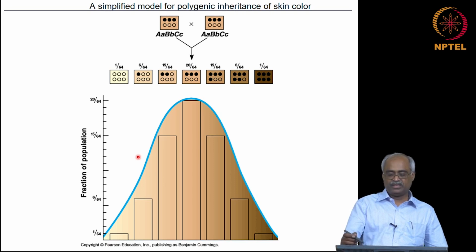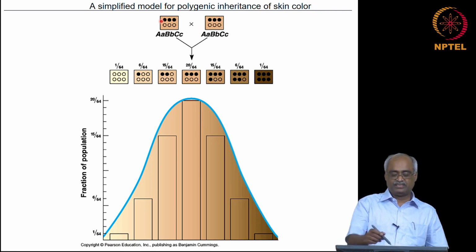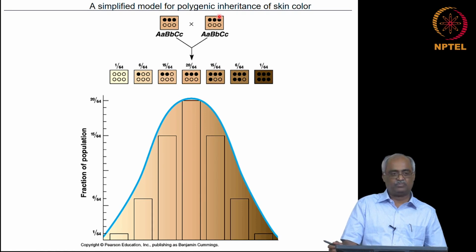Here we are talking about skin color in some organism, I forgot which one this is. The skin color here is determined by 3 different genes. Let us say you have a parent which is totally heterozygous for all the genes, and you cross it with another one, pretty much selfing.